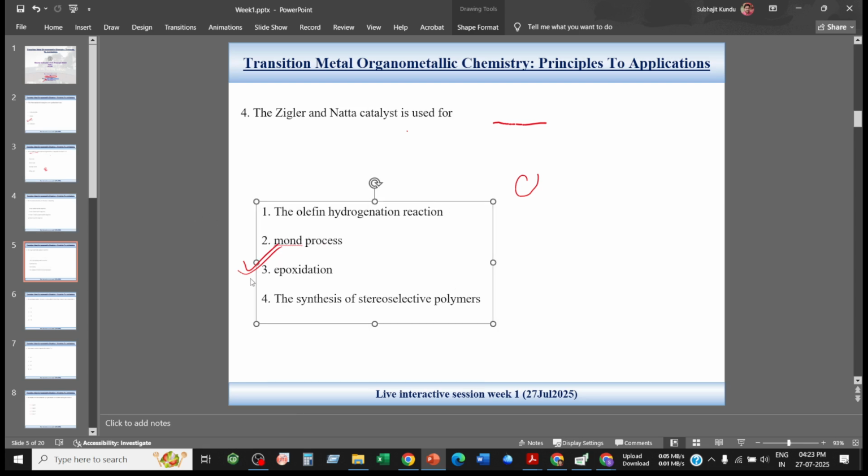The red tick you can ignore because it is option 4. Yes. So what is the catalyst used for Ziegler and Natta? What is the chemical composition of this catalyst? So here option 4 is the right answer.